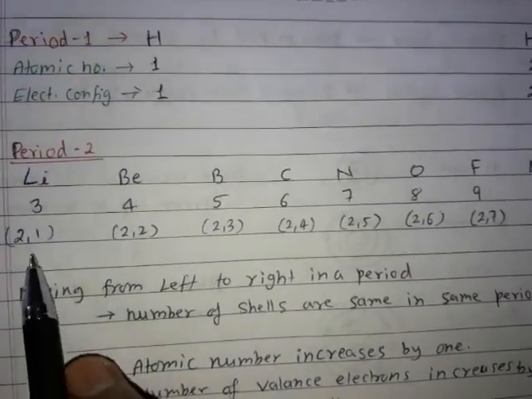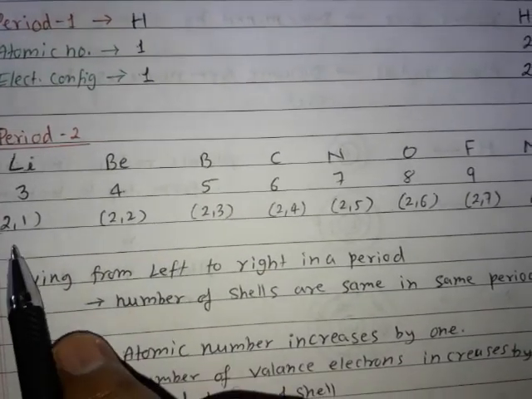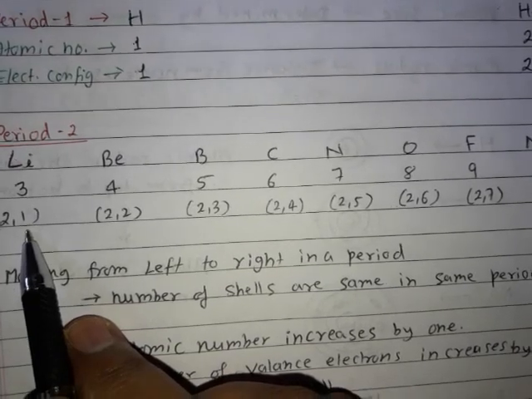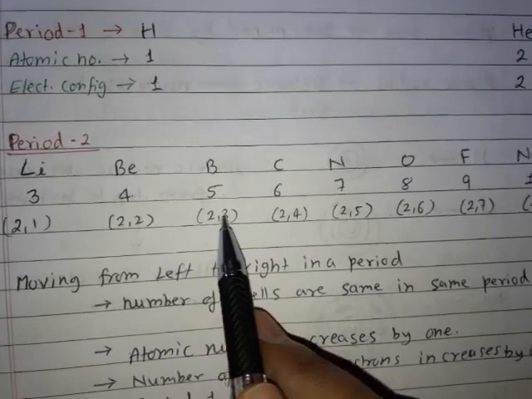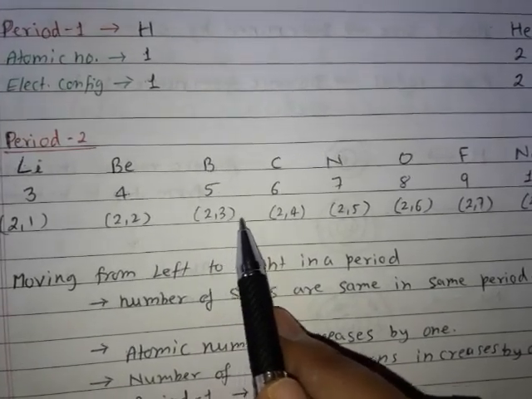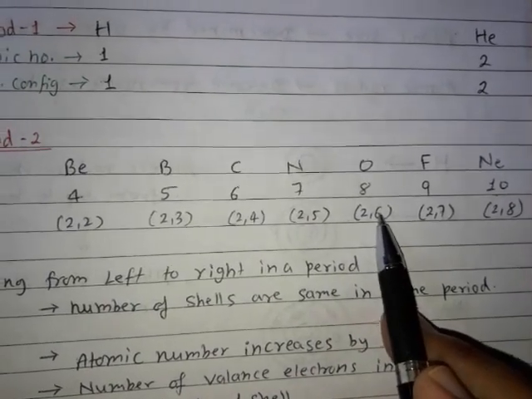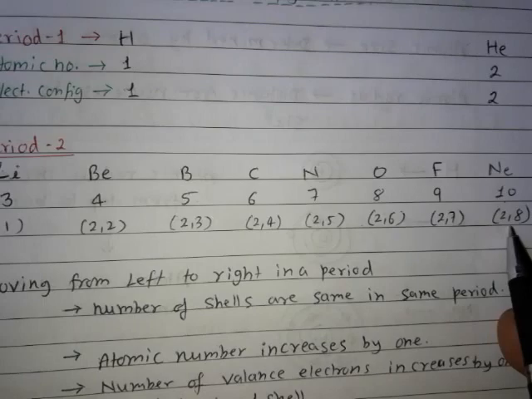So what characteristic do we find here? If we move from left to right, electrons are added in the outermost shell: 1 electron here, then 2 electrons in the outermost shell, then 3, then 4, then 5, then 6, then 7, then 8.